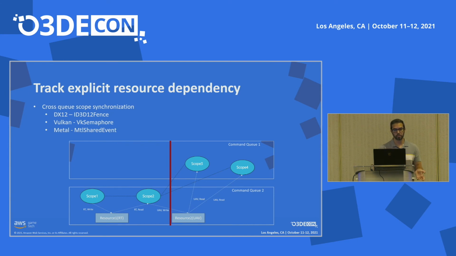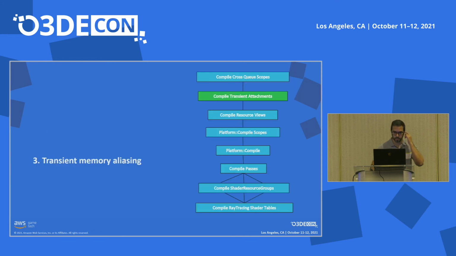DirectX 12 provides fences, Vulkan has semaphores, and Metal has shared events. So all of that is happening under the hood. It's really hard to cover in detail, but that's essentially what's going on at a higher level. Under the hood, it's tracking multiple different changes across all the sub-resources, across different queues and barriers.